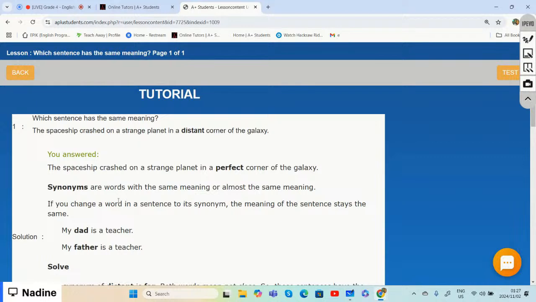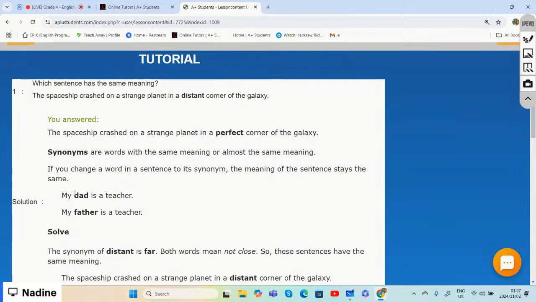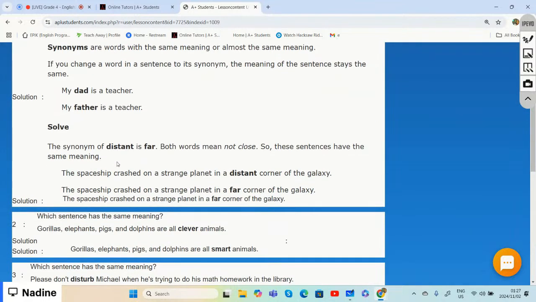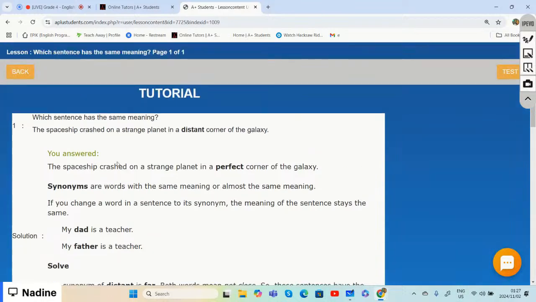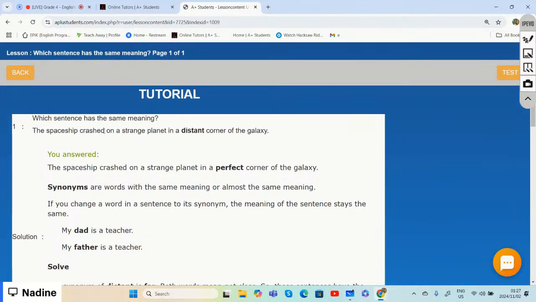All right. So we can say which sentence has the same meaning, right? It says the spaceship crashed on a strange planet in a distant corner of the galaxy.